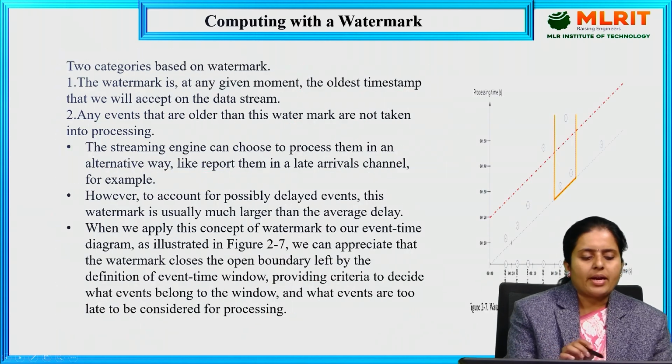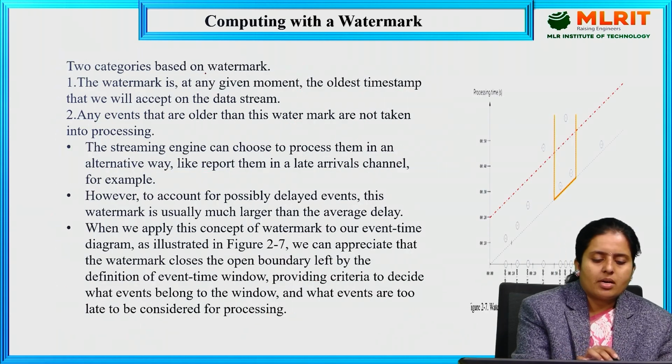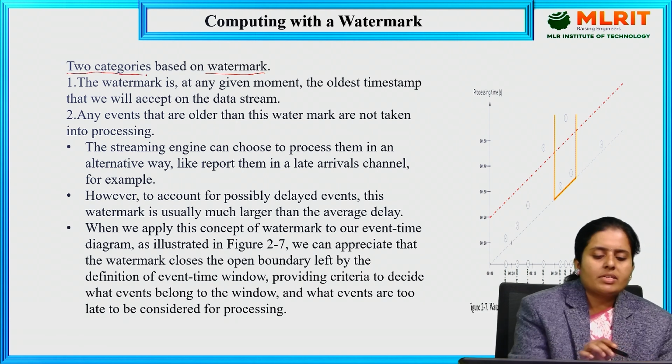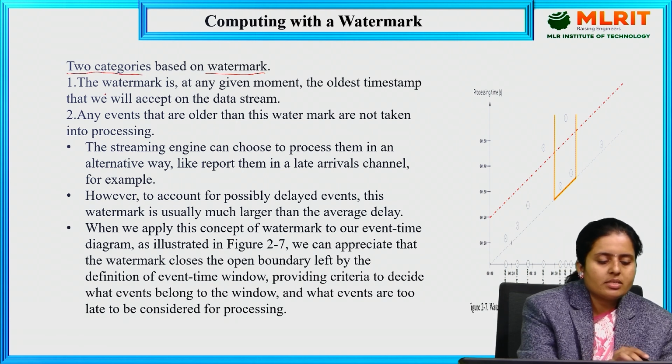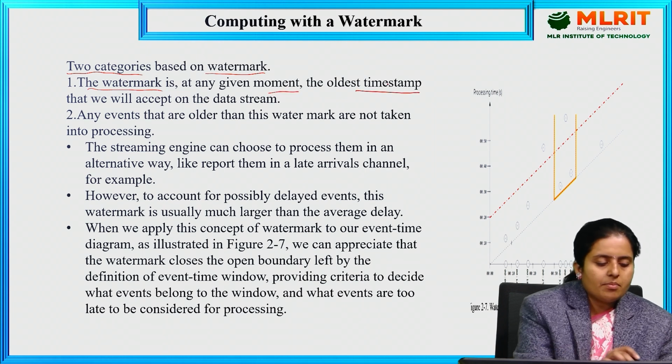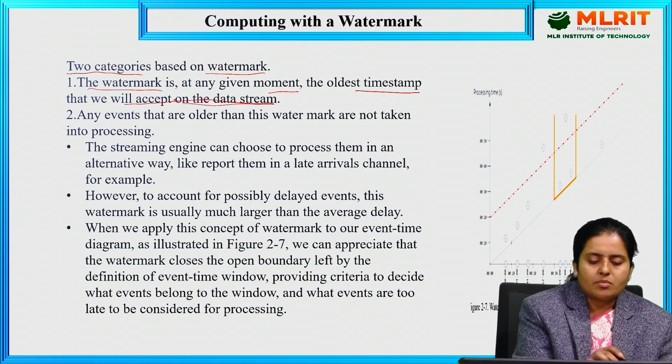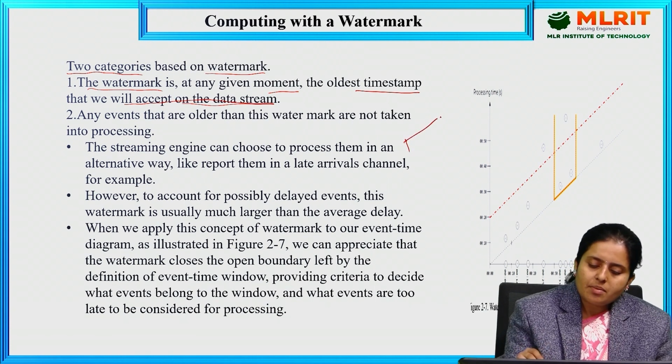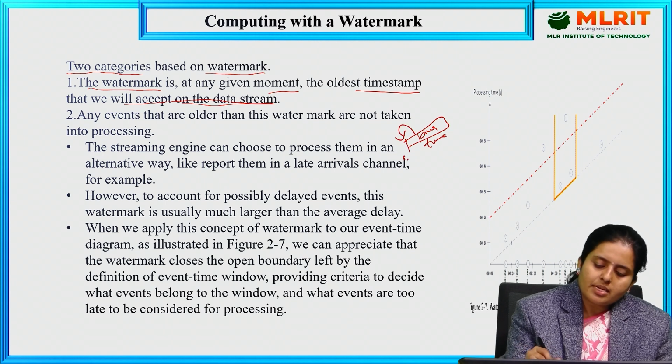There are two categories based on watermark. The first one is that the watermark is, at any given moment, the oldest timestamp that we will accept on the data stream. If this is the current timestamp, the older timestamp is also added as a watermark.